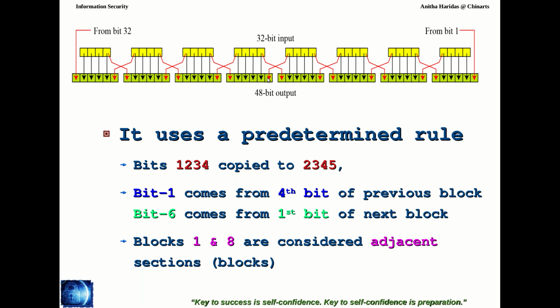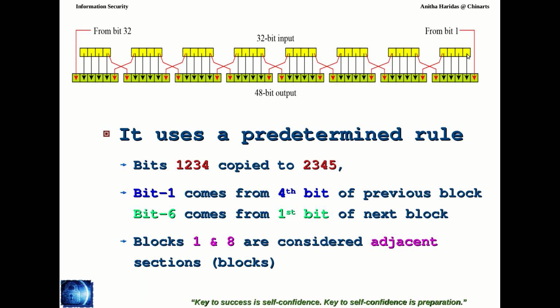And when you observe here, the first and 8th blocks are considered to be adjacent sections. So the first bit of the first chunk comes from the 4th bit of the last chunk.